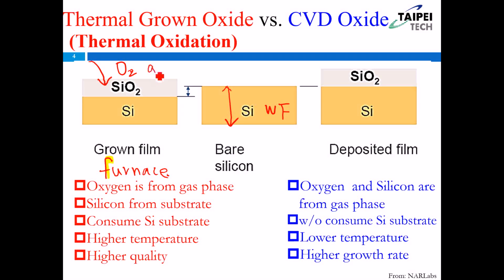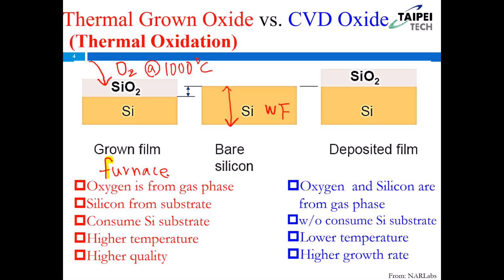Thermal oxide means high temperature, right? So around 1,000 degrees Celsius, a very high temperature, maybe 1,100, maybe 950 degrees Celsius. Very simple process, right? I just put in the oxygen, and then what happens? The oxygen will react with the silicon wafer.